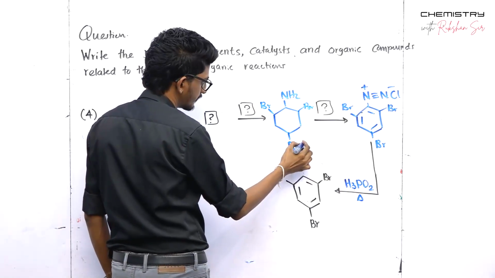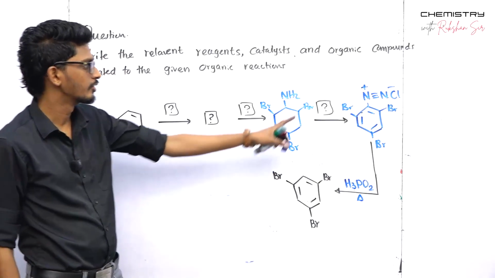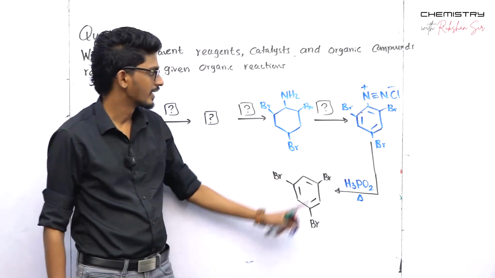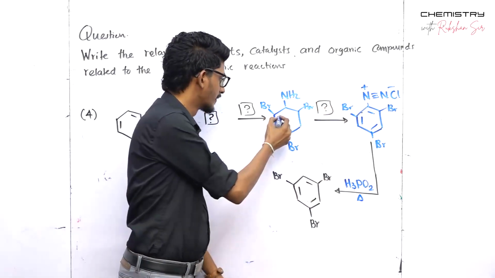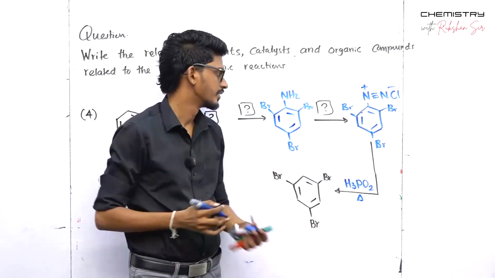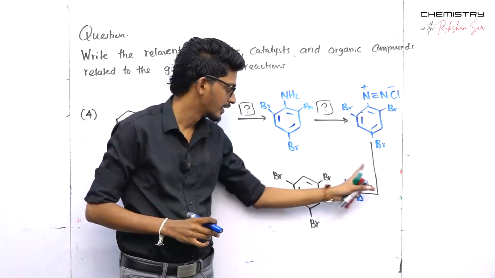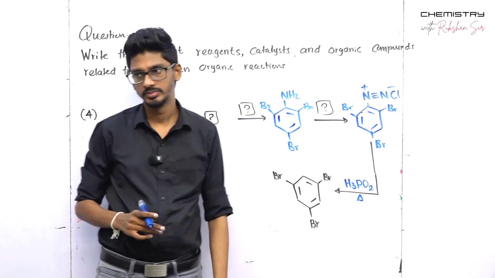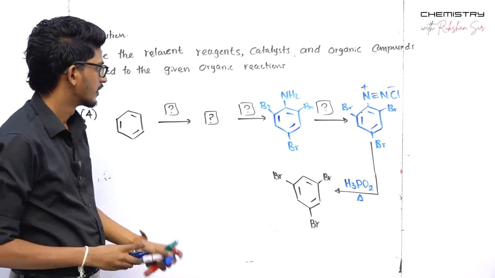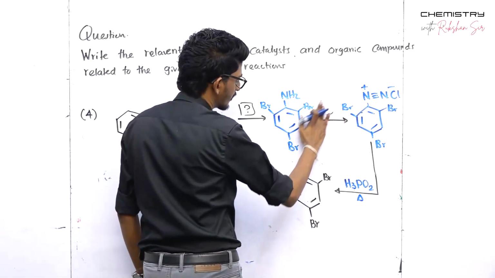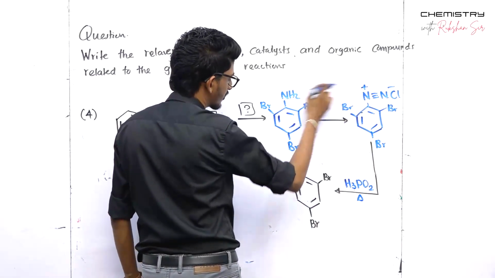Clear? We can't get rid of OHs, but we can get rid of NH2s via N2Cls. We can convert the NH2s to N2Cls that can be got rid of by the H3PO2. So this could be the conversion of this thing.